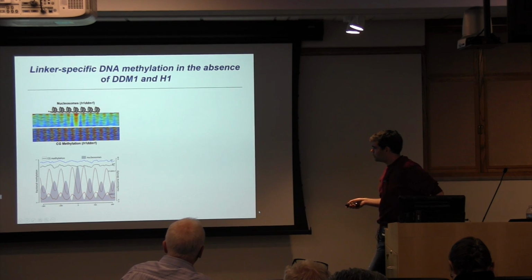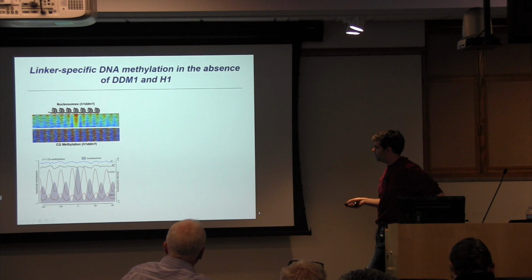And you can see the same thing to a much smaller extent in DDM1 mutants, where there's more methylation remaining in the space between nucleosomes, and there's essentially no methylation where the nucleosome sits.